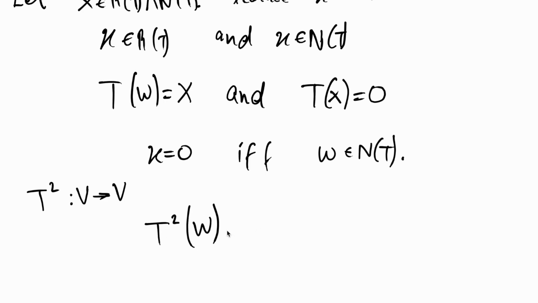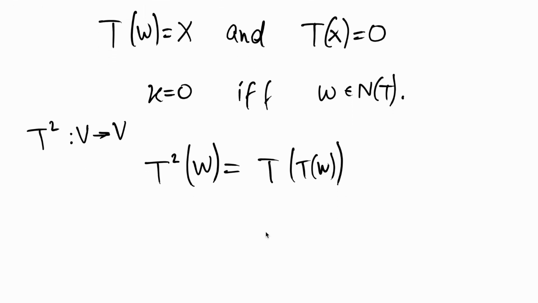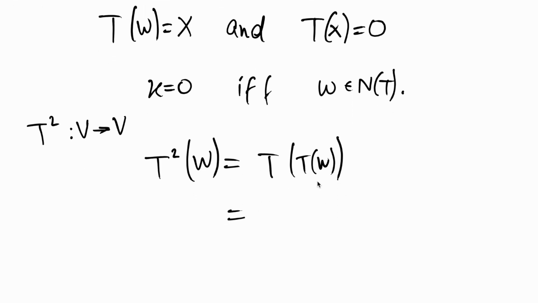We know that. Now let's use the rules of function composition to simplify this, and we get T of TW, and we know that TW is just X. So what we have is T of X, and T of X we know is equal to 0.